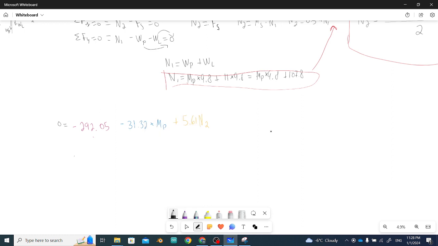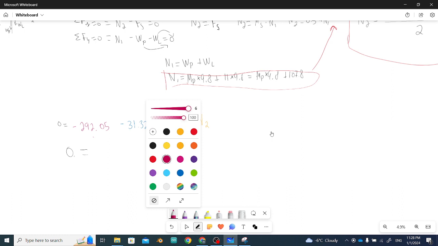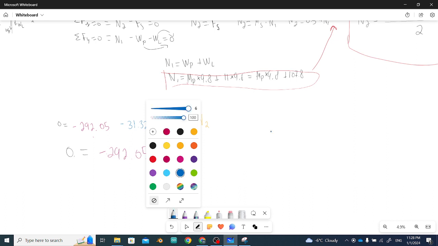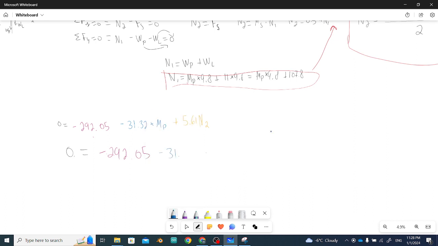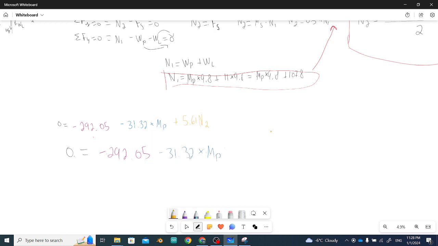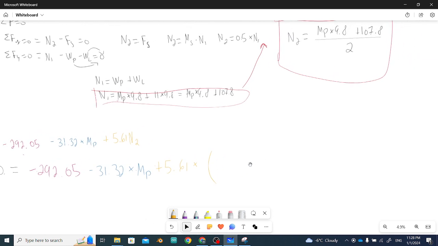So 0 is equal to negative 292.05 minus 31.32 times mass of the painter plus 5.61, and now times, let's bring a parentheses here, and let's just copy that.